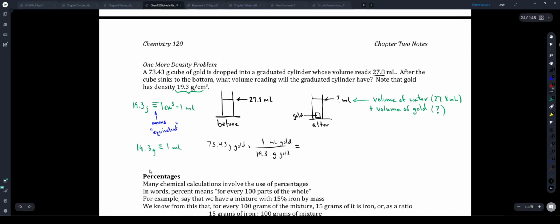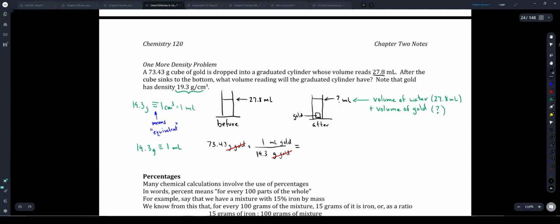And so now using my unit method here, those cancel. And I can easily find milliliters of gold. 73.43 divided by 19.3 is 3.80. Densities are not exact numbers, by the way. They have significant digits just like everything else. So if I gave you 19.3, that's only 3 significant digits.